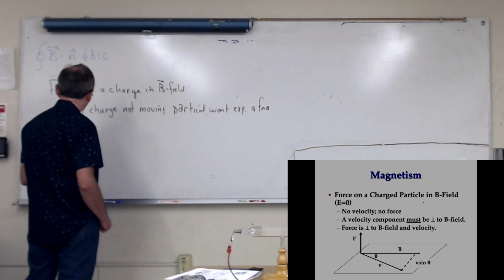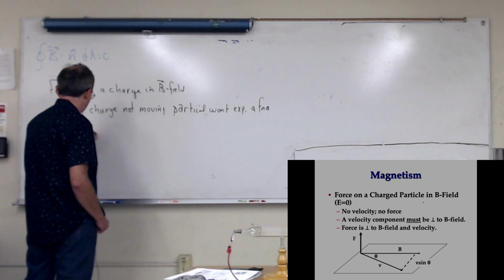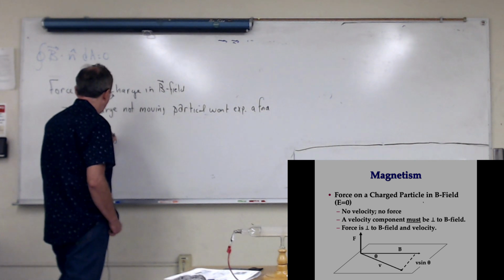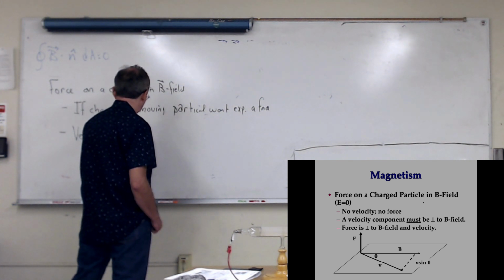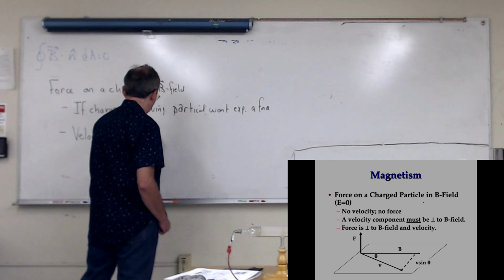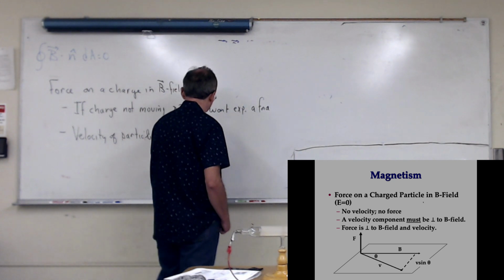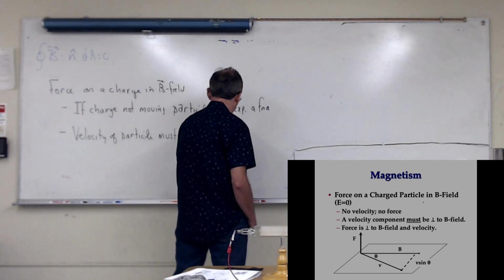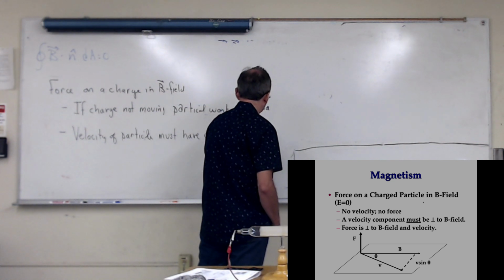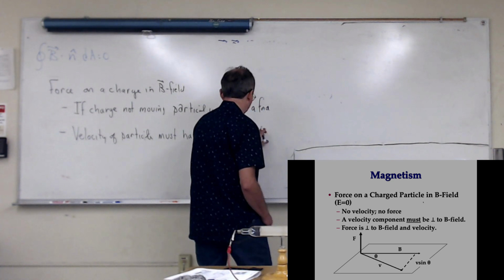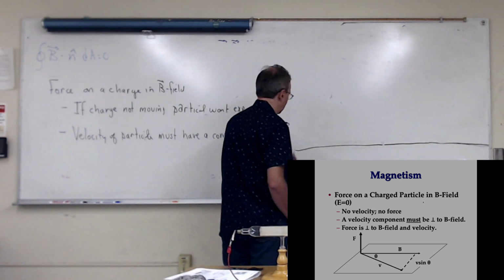Furthermore, the velocity of the particle must have a component of V perpendicular to the magnetic field.